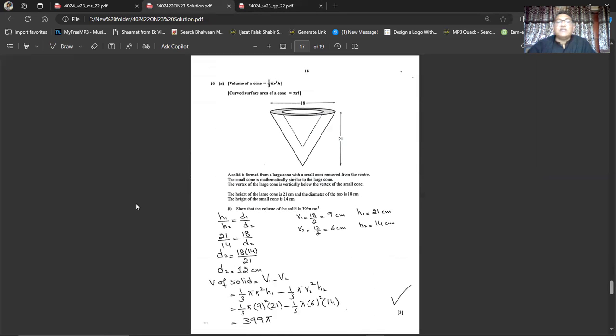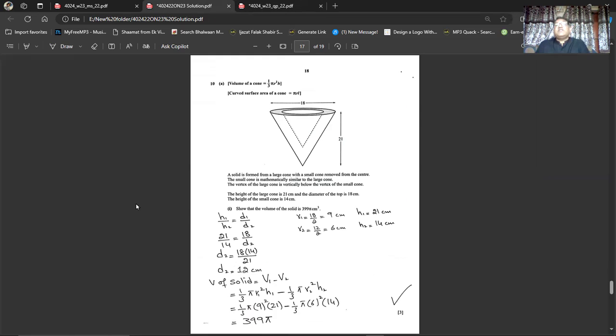So here you see, because both the cones are similar to each other, the ratio of the heights will be equal to the ratio of their diameters. So 21 divided by 14 will be equal to 18 divided by D2. D2 means the diameter of the smaller cone. So D2 will be equal to 18 multiplied by 14 and divided by 21.